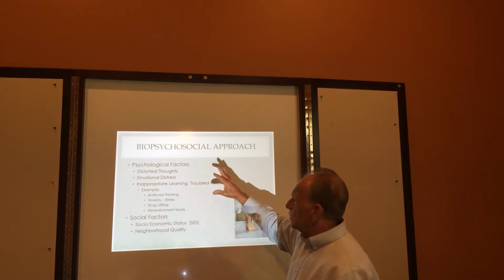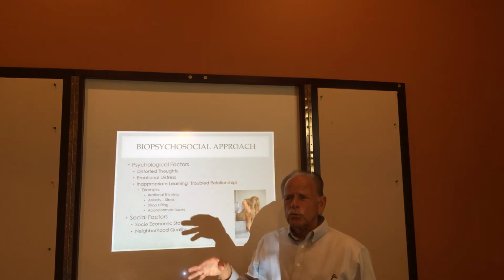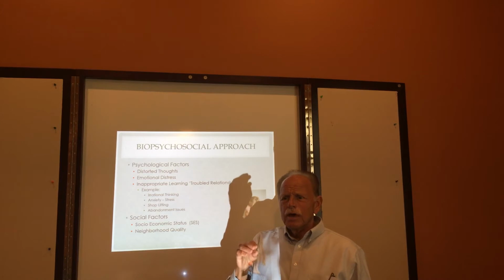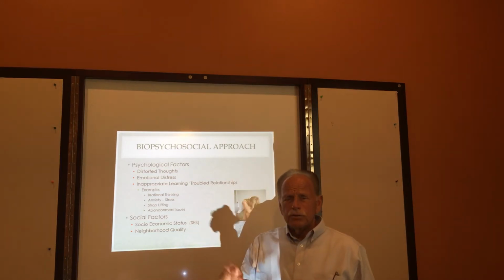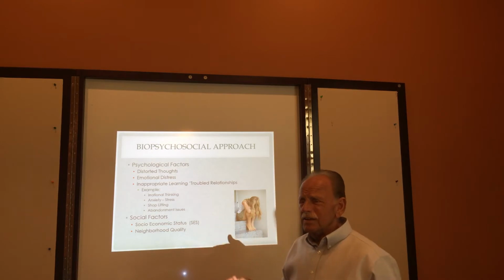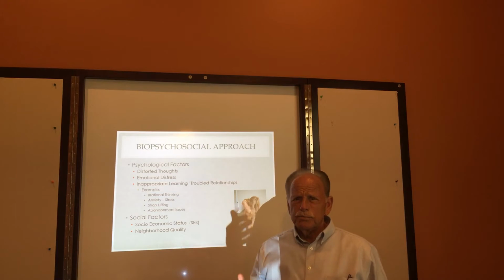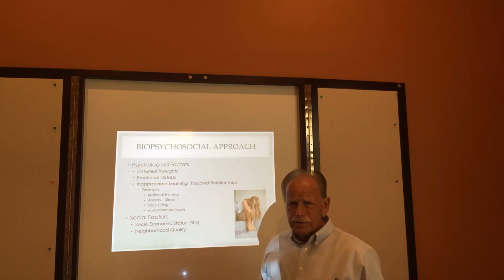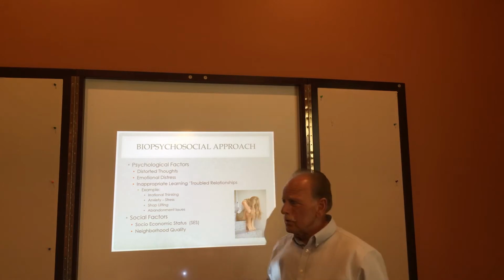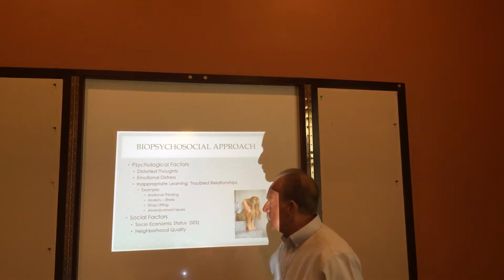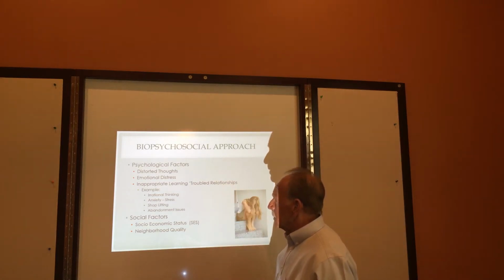And the third thing that would come under psychological would be inappropriate learning, and inappropriate learning would be things that they have learned and they've been taught by either their friends or their family to think the way they do, and that thinking then leads to problems. So a kid who grows up in a home in which a parent teaches them that you get even, well, you get revenge, or it's okay to steal or shoplift because the store's rich and we're poor, that would be inappropriate learning.